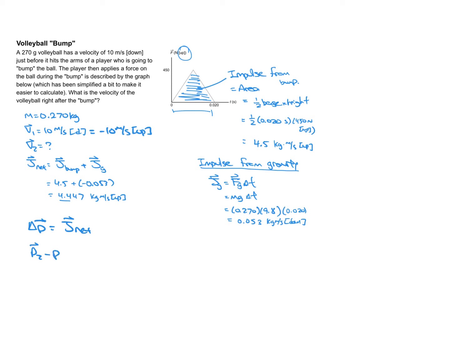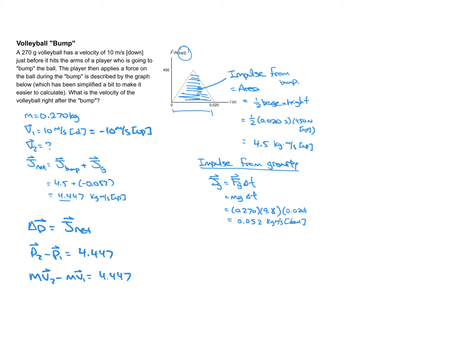P2 minus P1 equals net impulse, which we know is 4.447. mv2 minus mv1 will equal our net impulse.